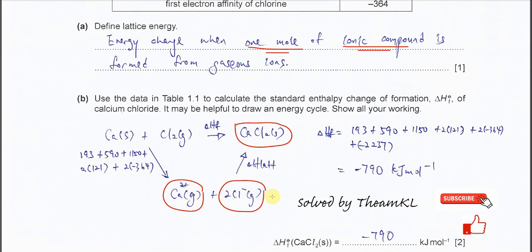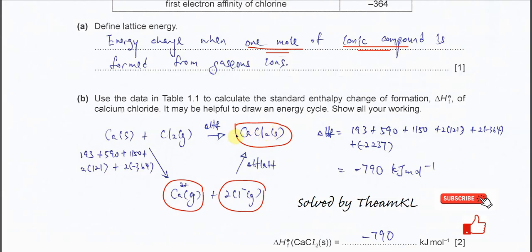The gaseous ions that form calcium chloride are the calcium ion, gaseous form, and the chloride ion, gaseous form. And these two gaseous ions react and combine, and then it will form this solid calcium chloride.